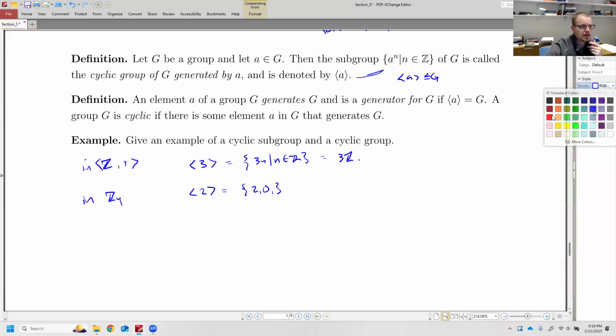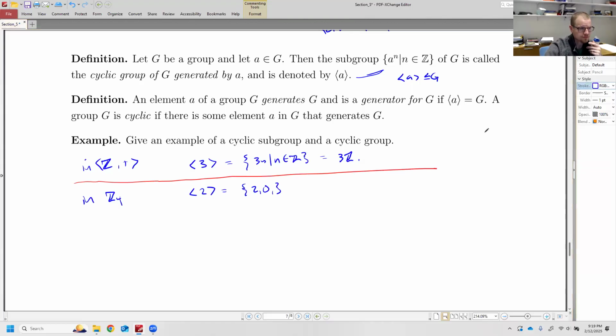Let's kind of separate these examples. I don't want us to confuse those. In Z4 still, if I wanted to talk about the set generated by 3, I could talk about 1 times 3, that's just 3. 2 threes: 3 plus 3 is 6, and 6 mod 4 is 2.